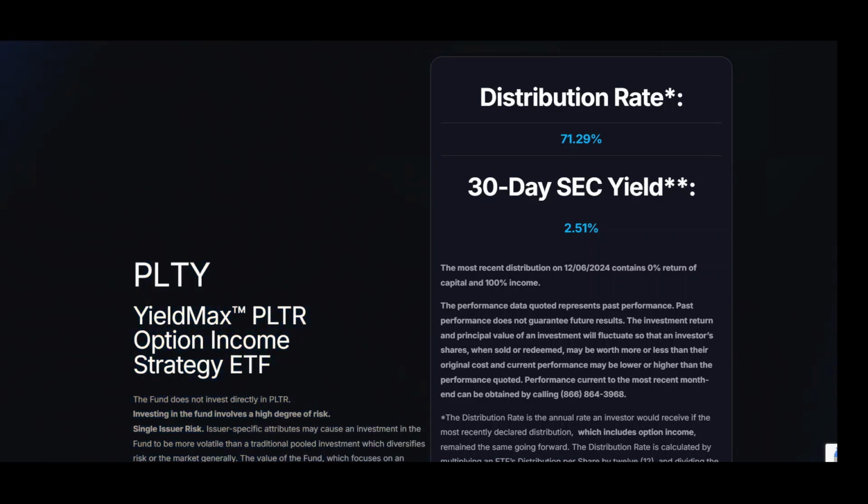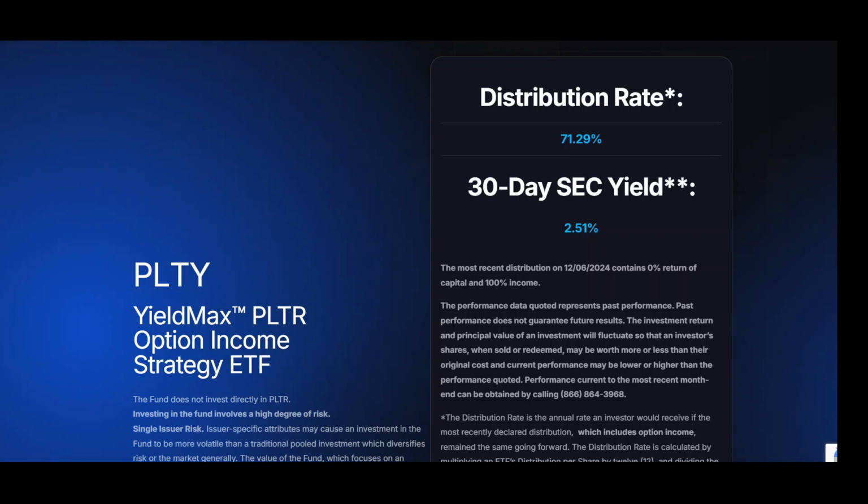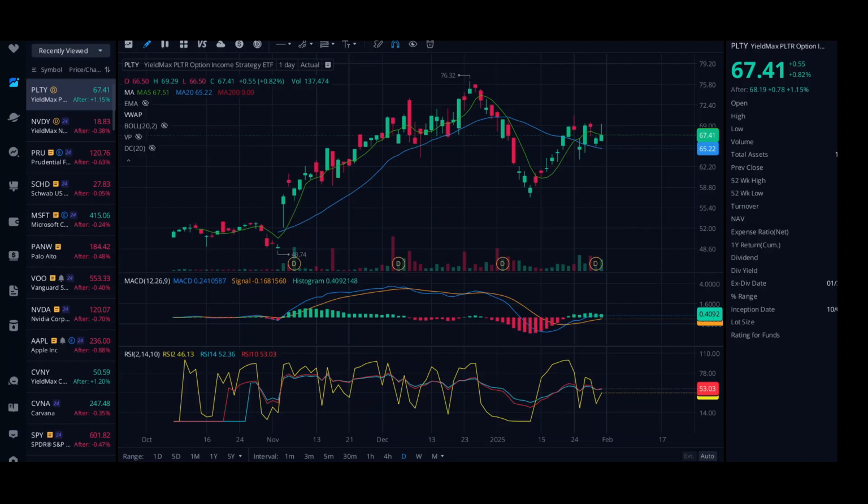First of all, let's check out the Webull chart to get a view of what PLTY has been doing recently. Here we are on the Webull chart, and as you can see, PLTY came out originally around the $50 range, and it has gone as high as $76.32. Right now it's sitting at about $67.41.